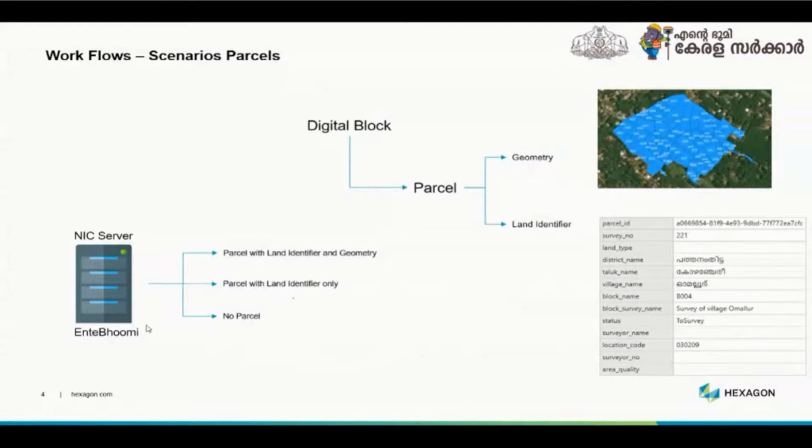Now let me repeat it again so that we all have clarity. From Ante Bhumi, I will get three scenarios. The first scenario is there is a parcel which will have a land identifier and a geometry, but this geometry may not be accurate. It may be something drawn from the paper map, not precisely on the location.